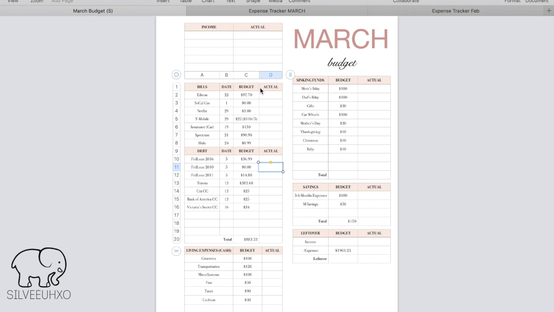Even if you don't plan on making any payments for an account, like right here the gas company, you should still write it down, because you may change your mind later on. You may have budgeted 0, but actually ended up paying $5 or $50. That's why for this one we have budget and actual, regardless of whether something's due or not.